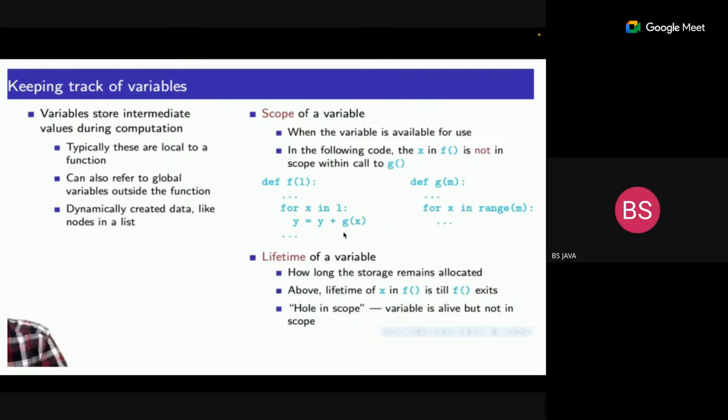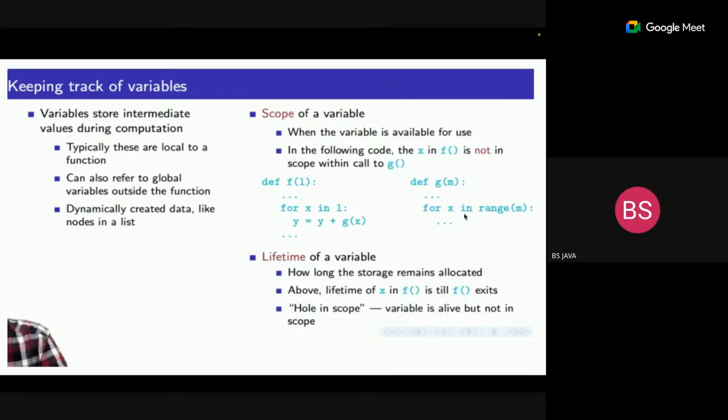Now see, when we call this function g and we are inside it, and you refer to this x inside this for loop, that x will not be this x. We are actually in this particular function, so the x we are referring to will be of function g, not of function f.